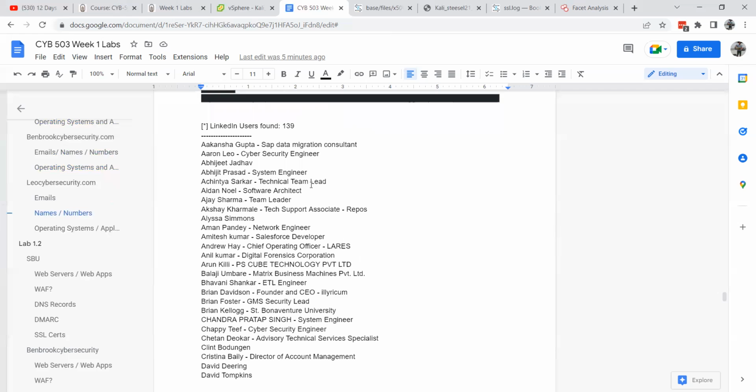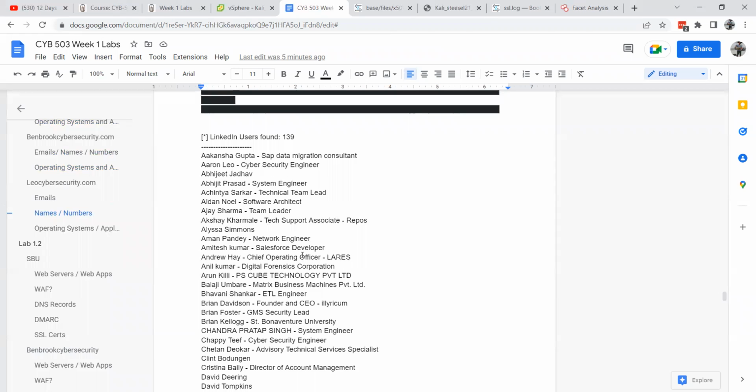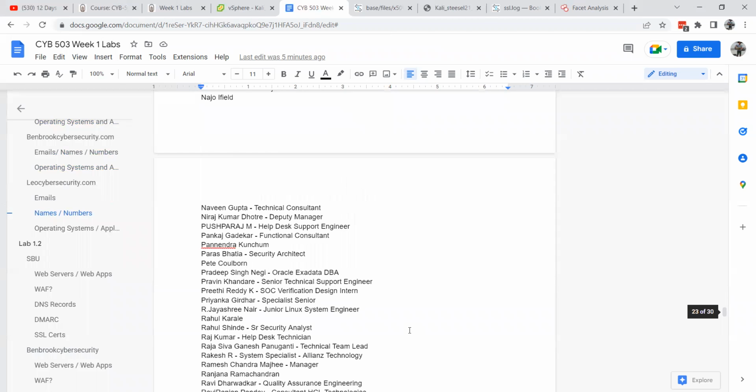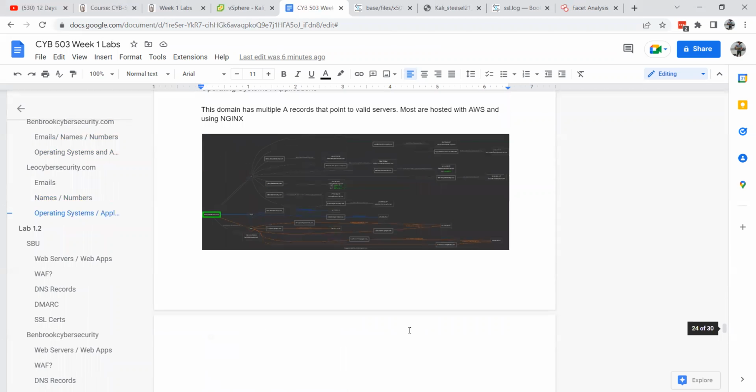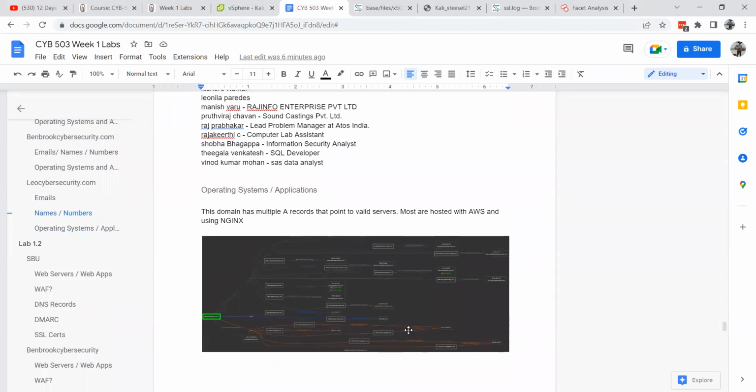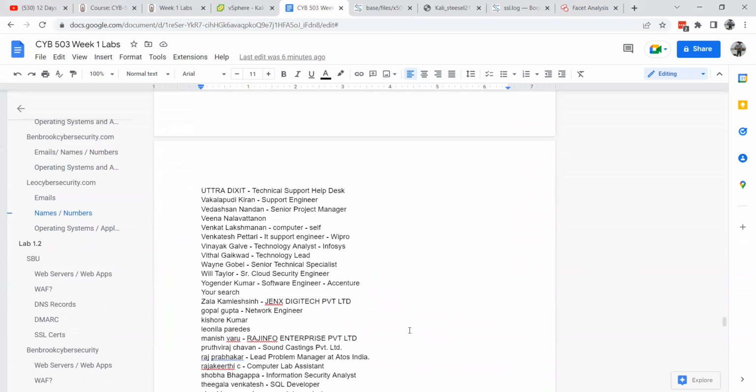I thought it was interesting that the professor did show up in here as well. So for operating systems and applications, I was not able to enumerate any applications. And DNSDumpster is only able to map the standard Google infrastructure.